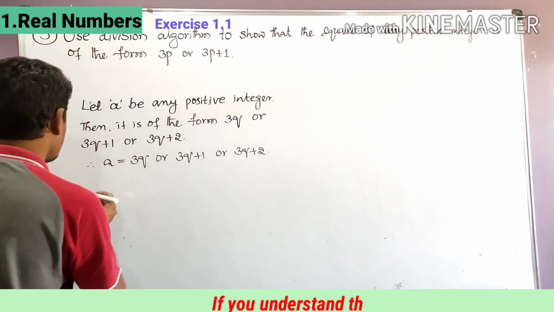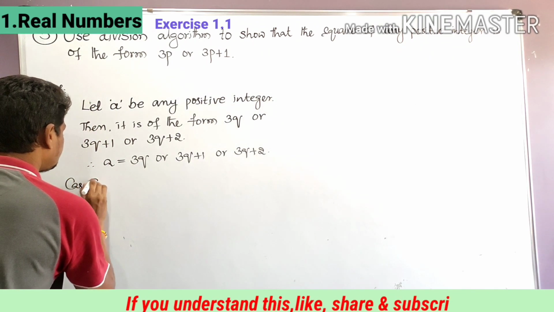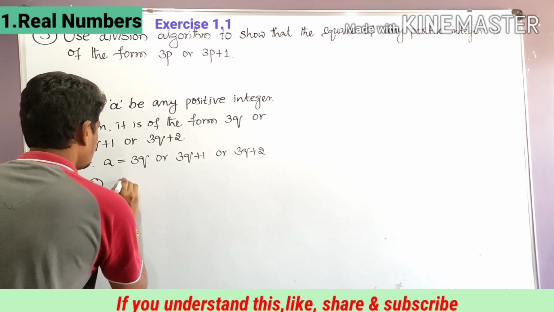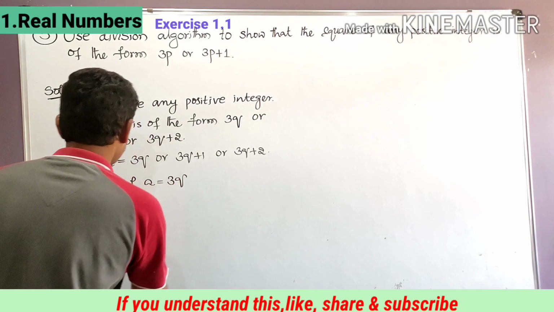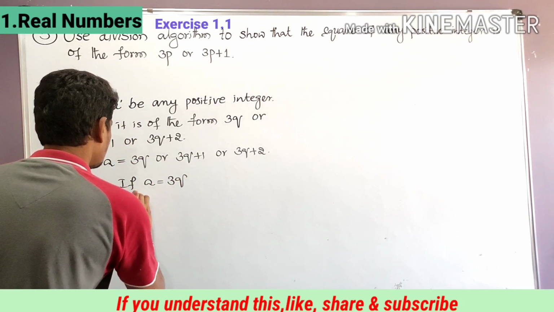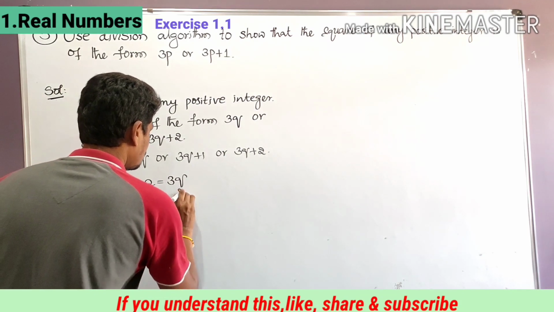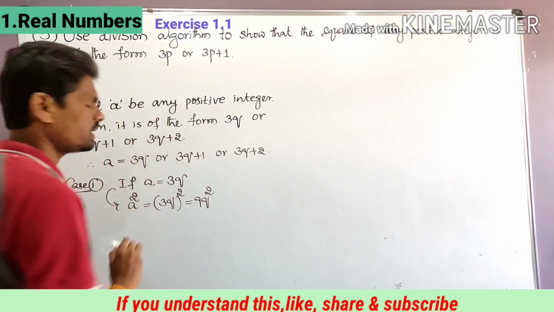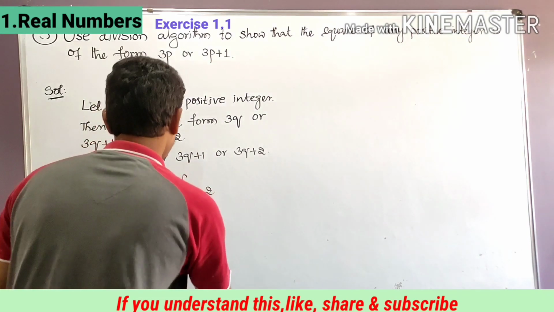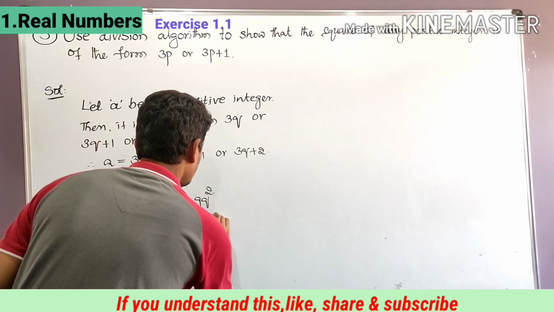First, case 1: if a is equal to 3q, then by squaring on both sides we get a square is equal to 3q whole square, that is 9q square. Taking 3 common here, we can write 3 into 3q square.